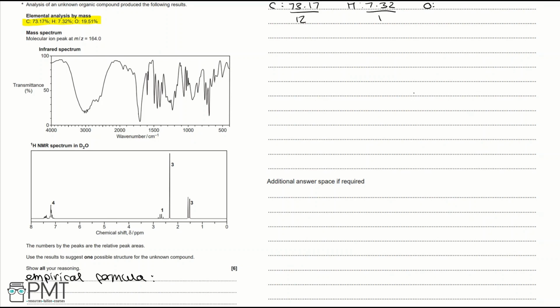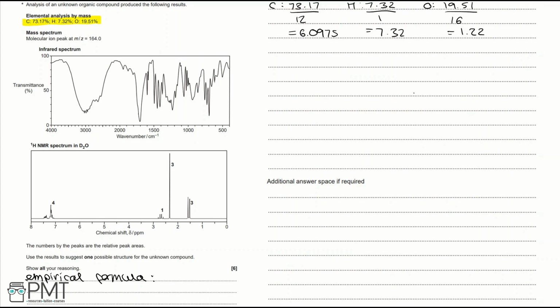And for oxygen, that would be 19.51 divided by 16. Then we need to divide by the smallest. So for carbon, we would equal 6.0975. For hydrogen, we would equal 7.32. And for oxygen, we would equal 1.22. So the smallest is 1.22.